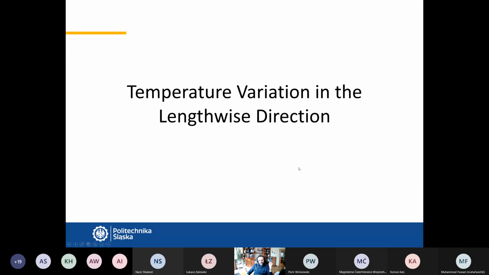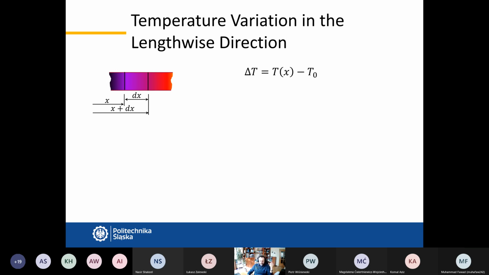So firstly, we'll discuss the variation in lengthwise direction. So we'll discuss members, again, straight bars only, but we have now a situation that temperature in a bar along its length changes. So the delta T, so change in temperature, is a function of x.